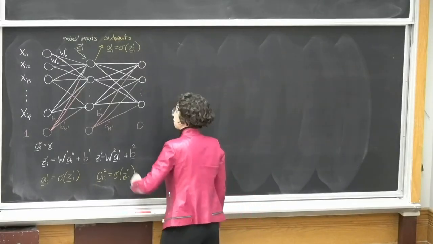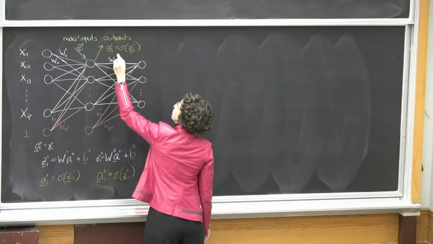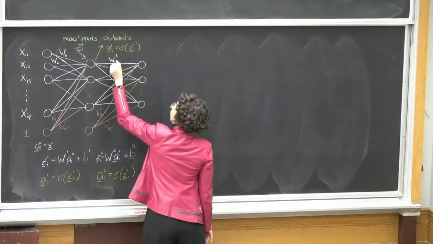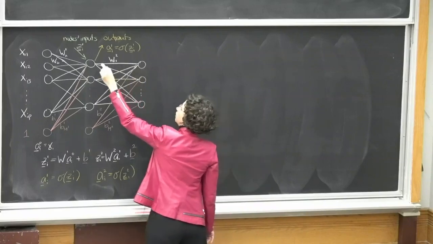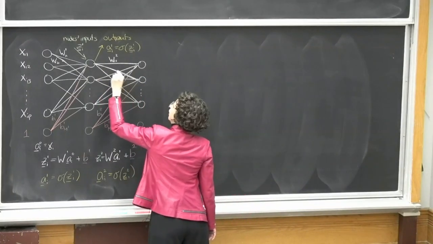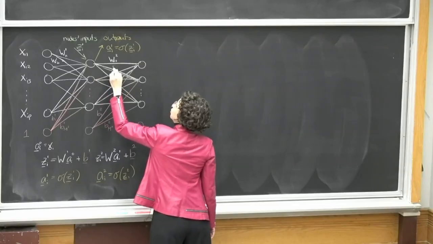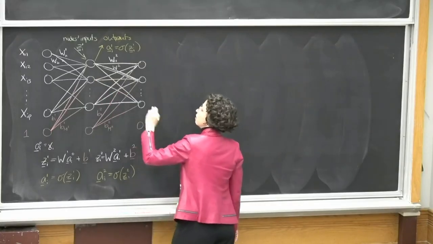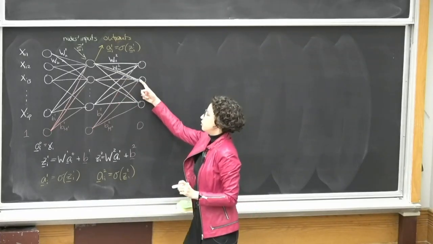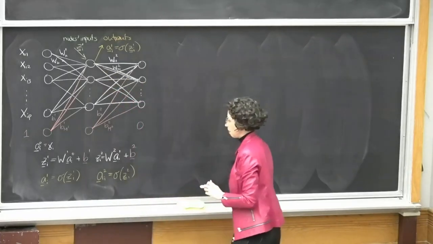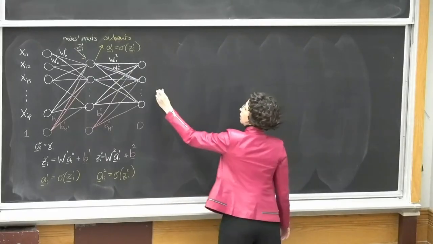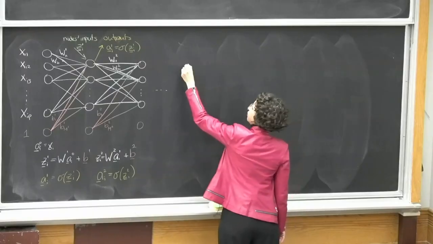And similarly, I'm going to have here weight matrix W superscript 2, and then element 1,1, because I am going into node 1 from node 1. And this line here would be W with superscript 2, and I'd be looking at element 2,1 because I'm going into node 2 from node 1. And I would keep repeating this pattern for as many layers as I want.